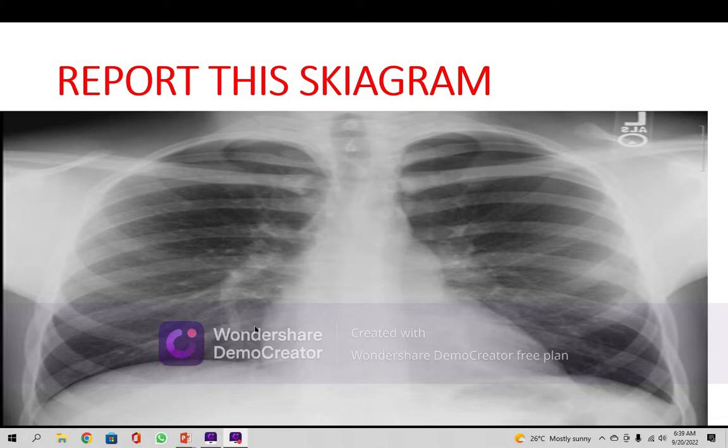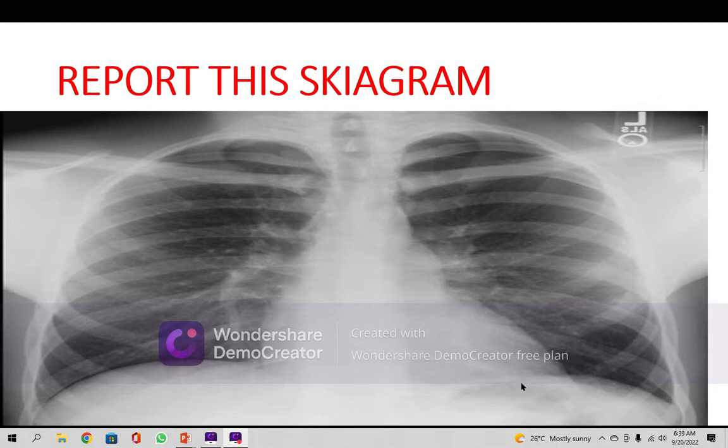Then go for the middle mediastinum, lower part of the middle mediastinum, upper part of the middle mediastinum. It is divided where the left border and the right border change their direction. Here it is changing direction, here it is changing direction. So this part should be underlined, imaginary.